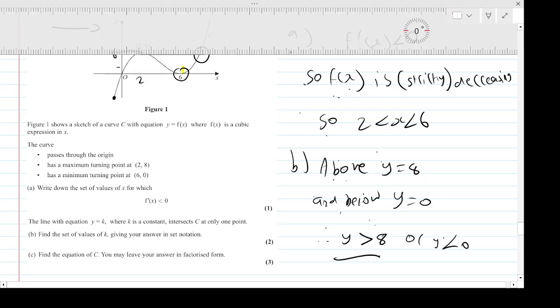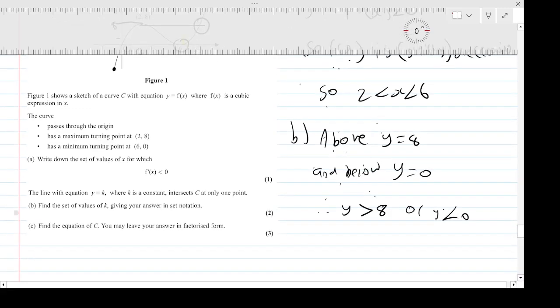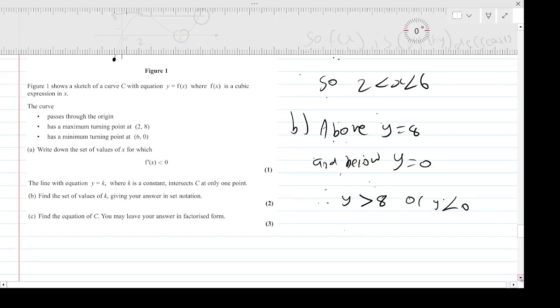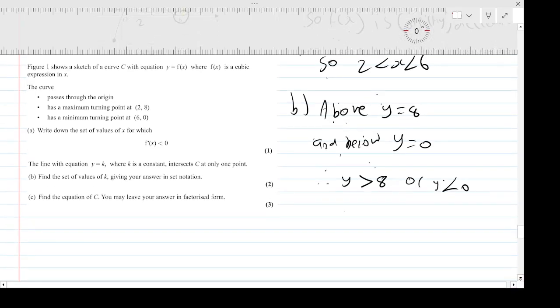So that's my answer, but it asked me to give it in set notation, which means I need to use my curly brackets, which again we looked at before. That was in linear inequalities. If you need a refresh, I did a video on that. So remember the idea with set notation with these curly brackets is I can only have one inequality at a time, okay? So firstly, the values of y such that y is greater than or equal to 8.